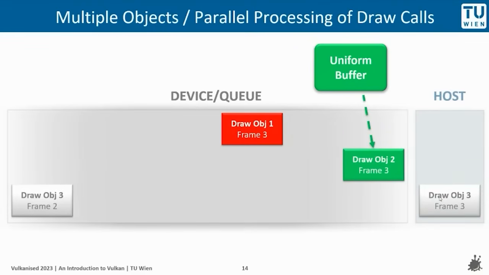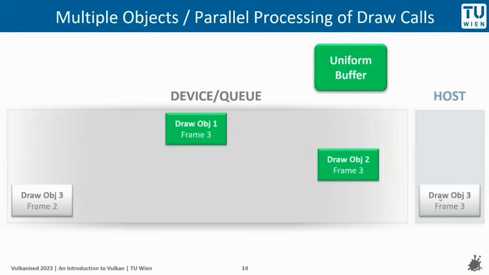That draw call reads the correct data from the uniform buffer, but drawing of object 1 hasn't finished yet. And now object 1 also uses the same data from our single uniform buffer for drawing. So it just switches right in the middle of being processed.